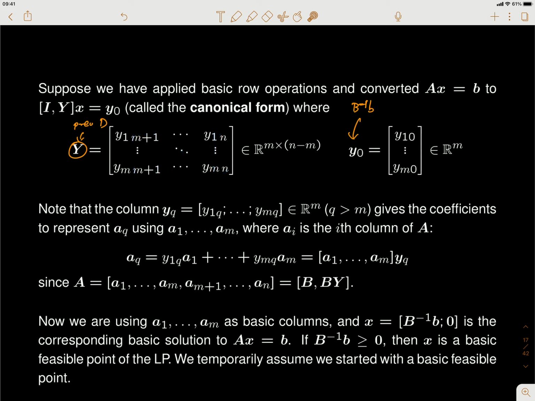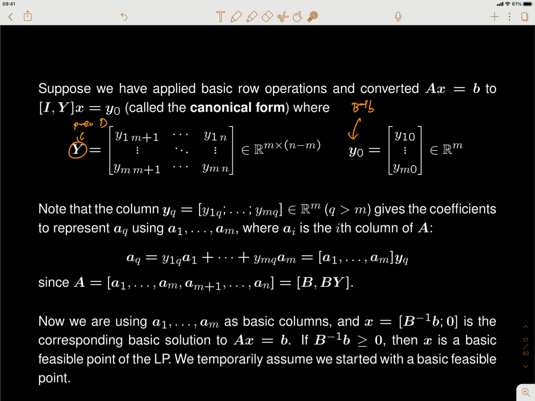So the y_q here is composed of the scalars, or the coefficients, that we use to represent a_q, the qth column of the original matrix A, using the first m columns of the matrix A. So we use y_1q for a1, y_2q for a2, up to y_mq for am. And so this a_q is nothing but this.